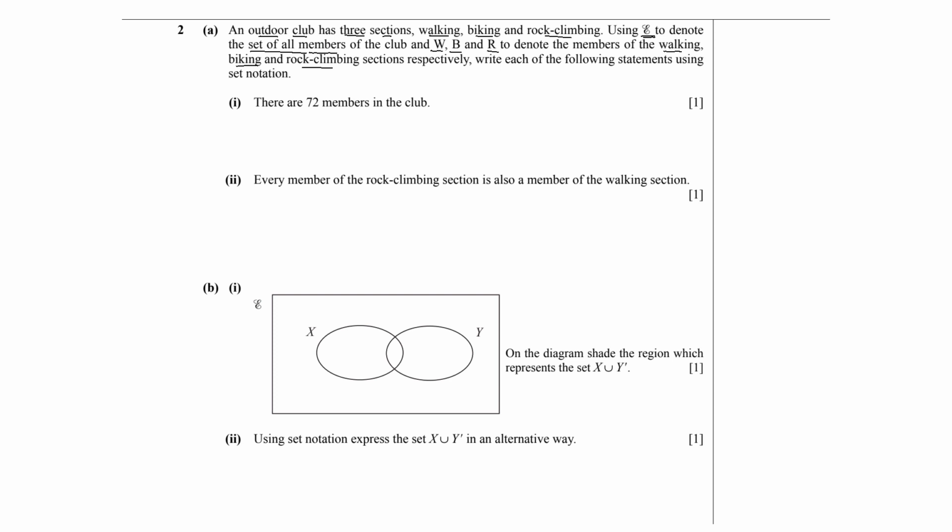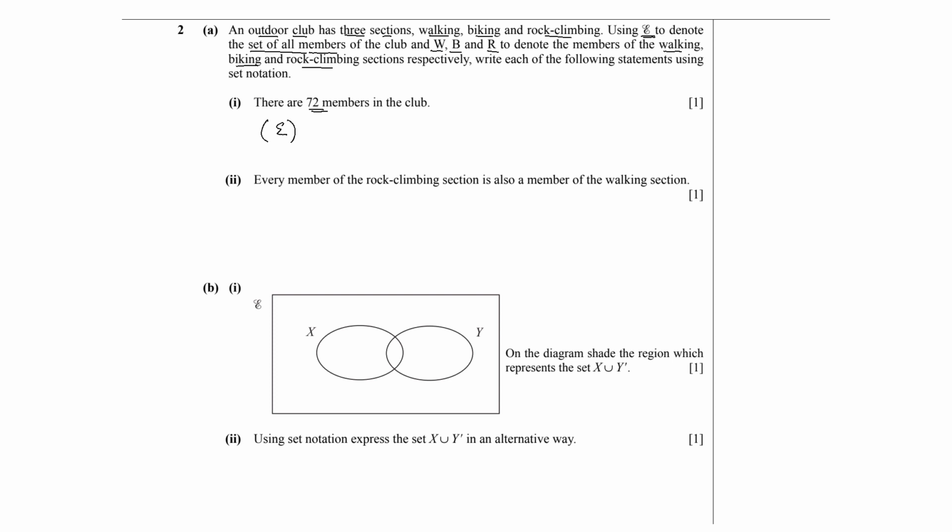The statement in part 1 of the question is there are 72 members in the club. Here the club refers to the whole outdoor club. The question states that the symbol E is used to refer to a set with all the members of the outdoor club, which means that if there are 72 members in the outdoor club, the number of elements in set E will be equal to 72.